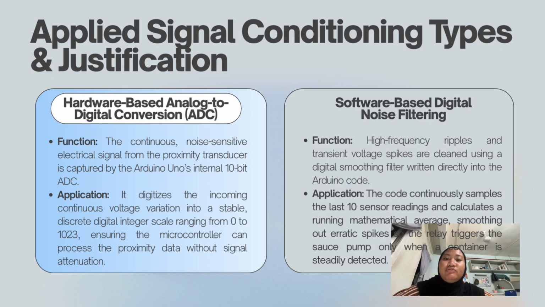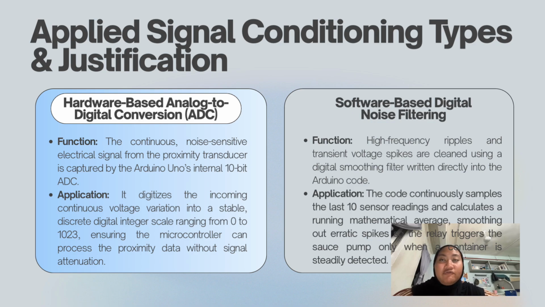Second, to prevent the pump from randomly splashing or triggering by accident due to electrical interference, we added a digital moving average filter directly into the code. Put simply, the code constantly takes the last 10 readings from the sensor and calculates their mathematical average.